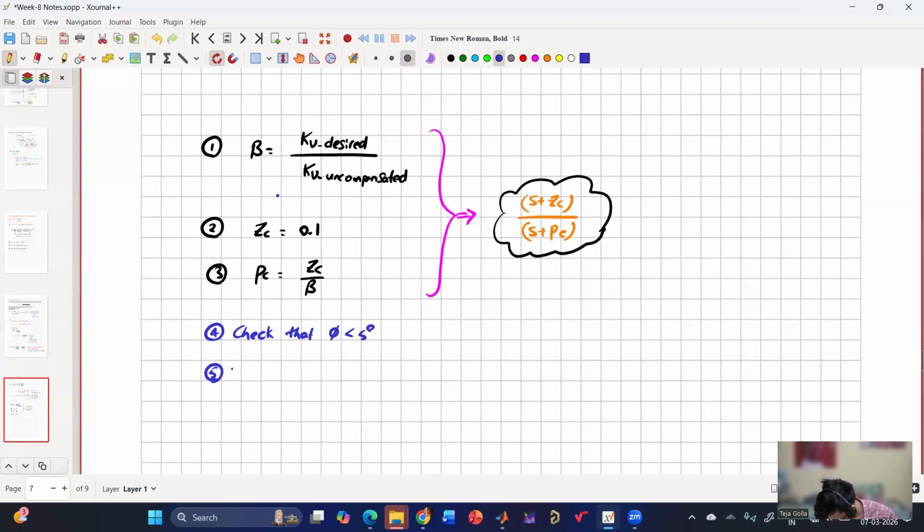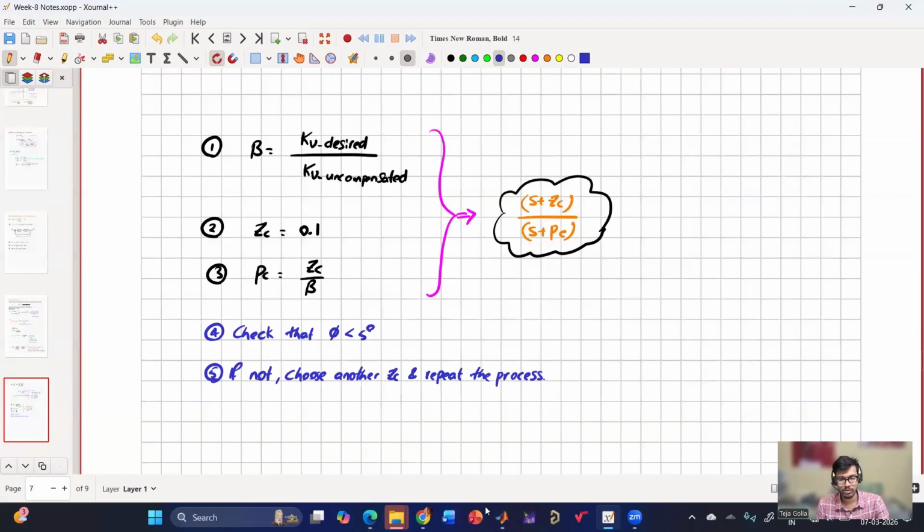If not, choose another ZC and repeat the process. Once this is done, our compensation is done. But we also have to check whether the root locus is varied drastically or not.